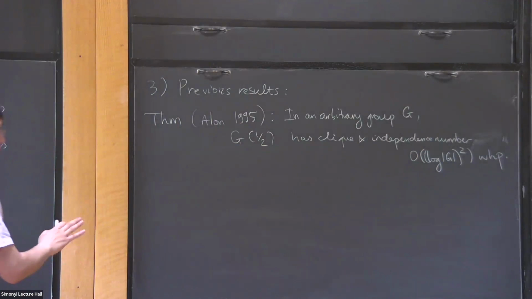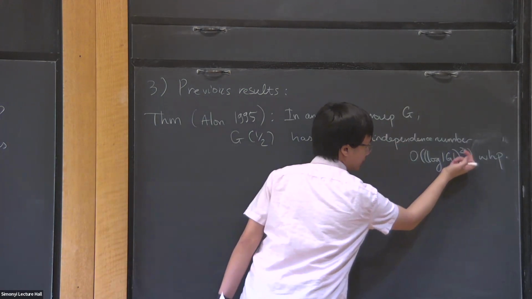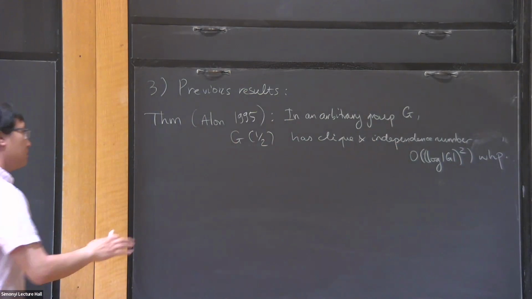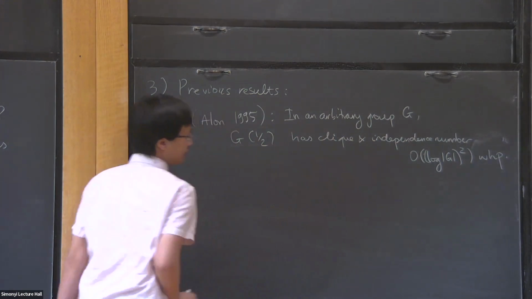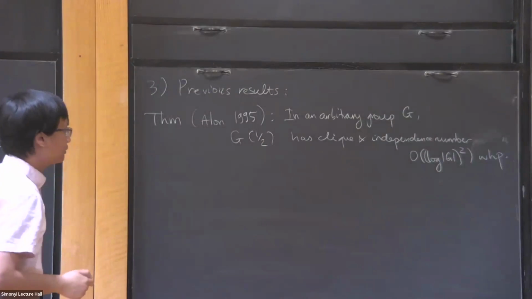So in particular, the clique and independence number is not very large, but it is a quadratic off from being a Ramsey graph. And this is the best result that we still know so far that works in an arbitrary group G without further assumptions on the group G.